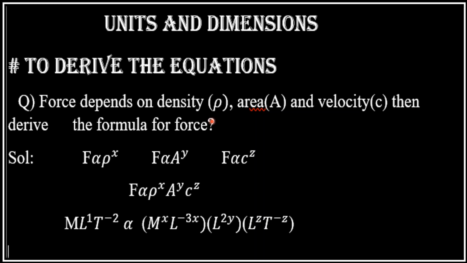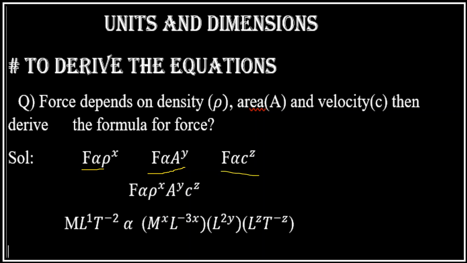Then they ask you to derive the formula for force. Let us assume the powers to be x, y, z. Force is directly proportional to rho to the power x, means density to the power x. Force is directly proportional to A to the power y, and c to the power z, means velocity.